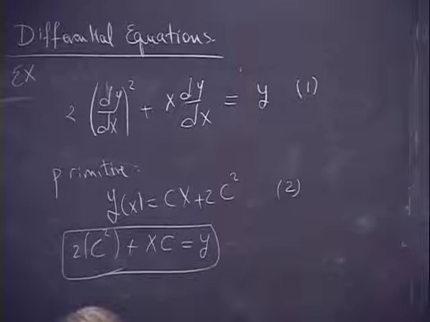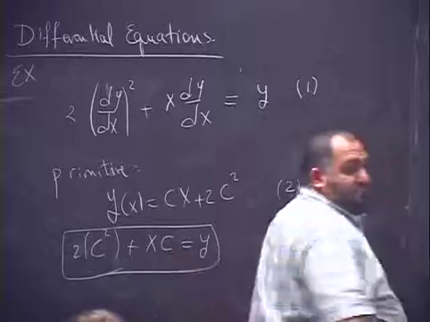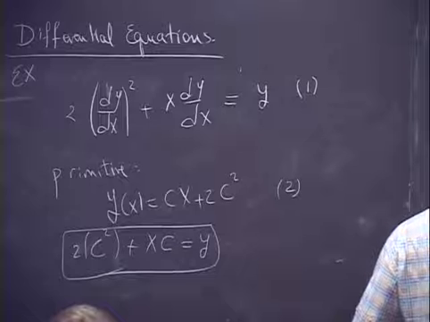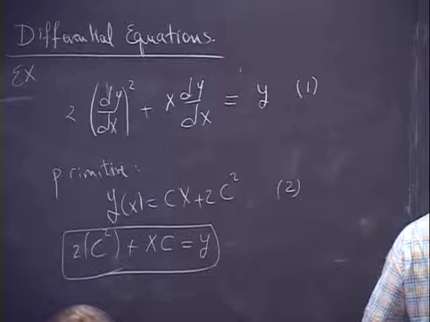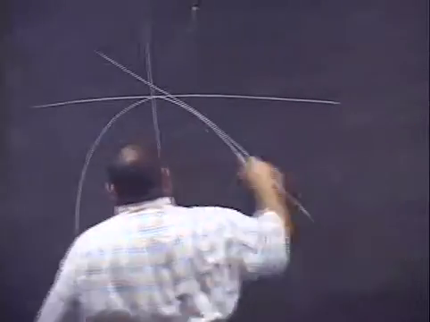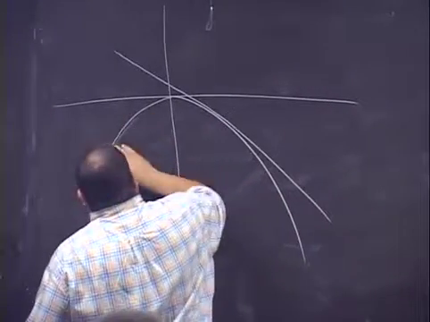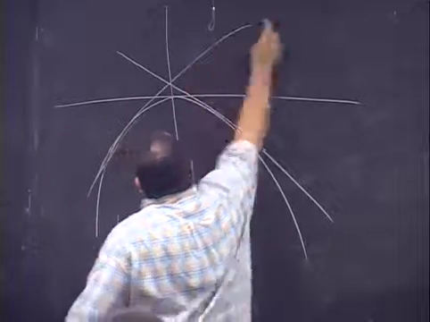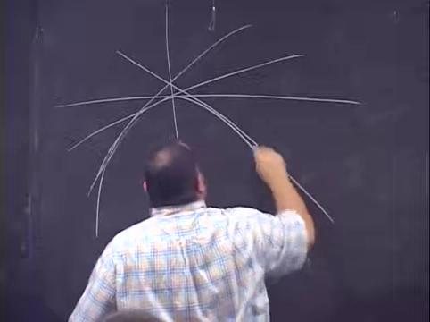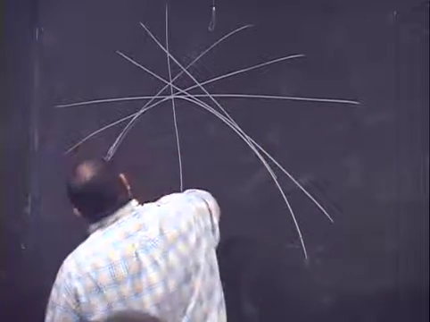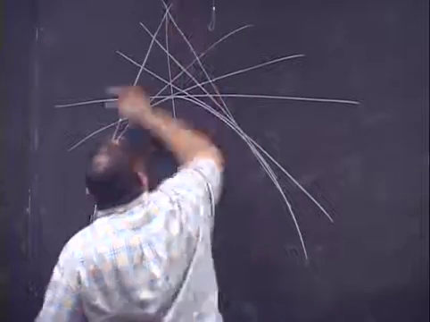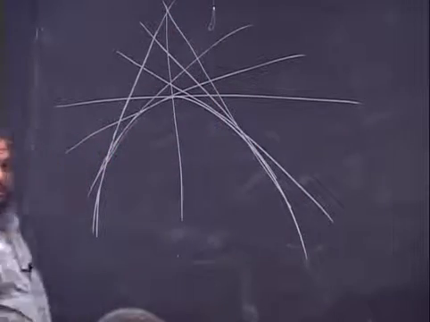But because c can be any arbitrary constant, you will notice that those lines are like this. Okay, guys?